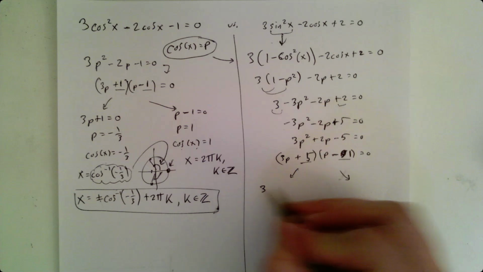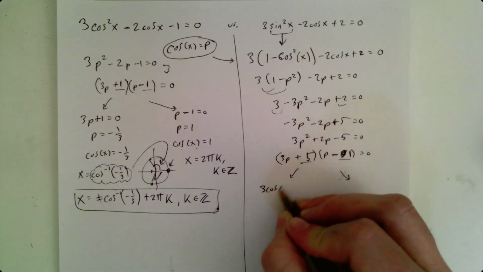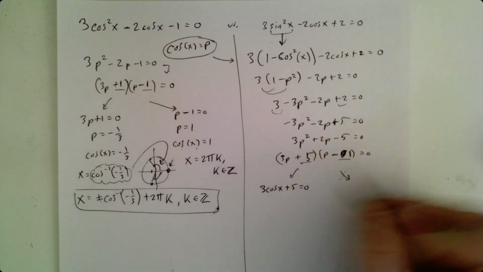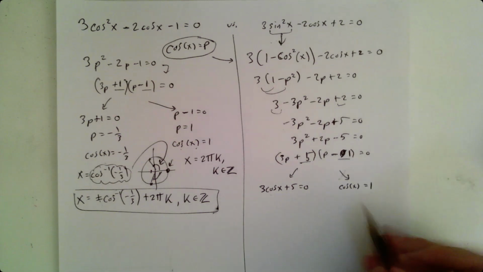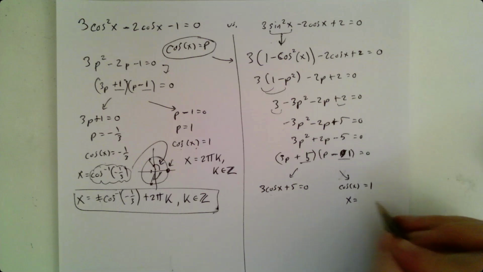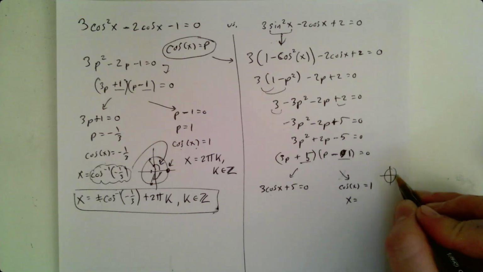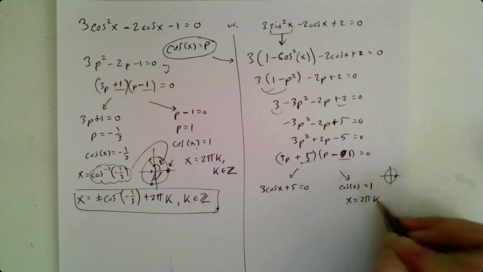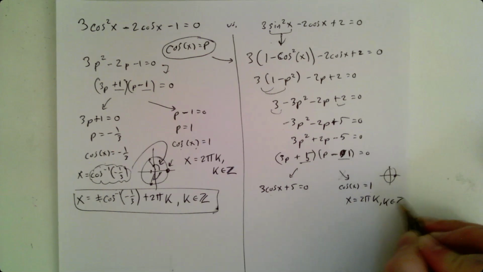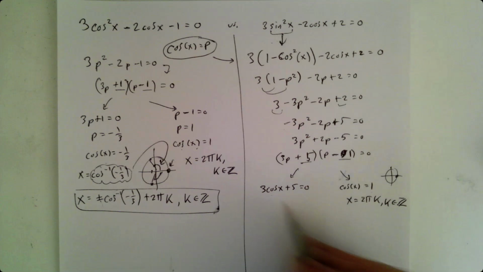All right, so I've got 3 cosine x plus 5 equals 0, or cosine x equals 1. On the cosine x equals 1 side, again, you could sketch a little unit circle. We're looking for x coordinate 1, which is here. So that's just 2 pi k, where k is an integer. What about this side?